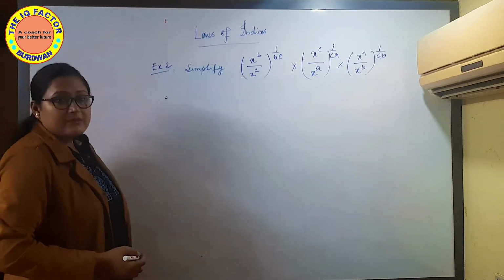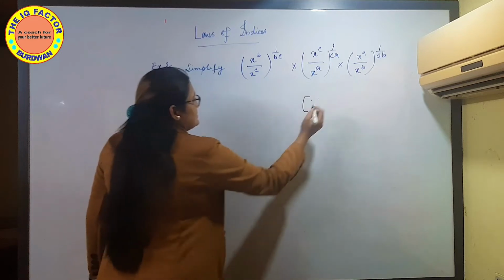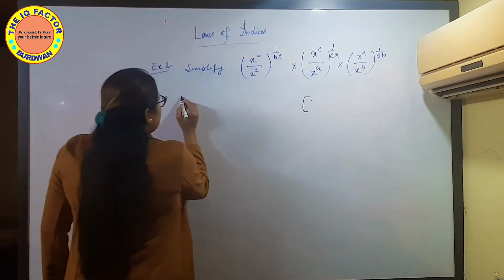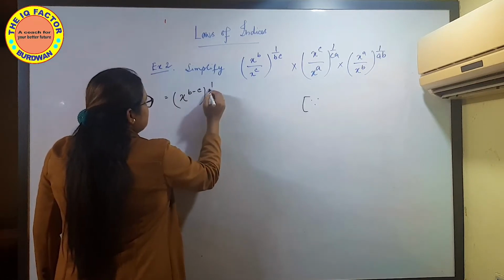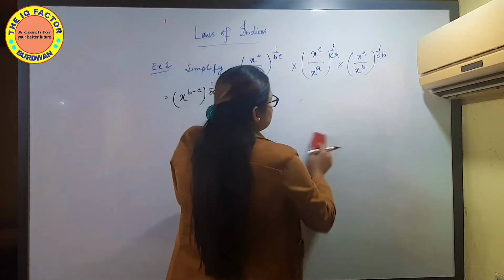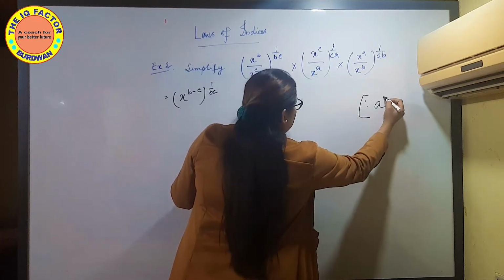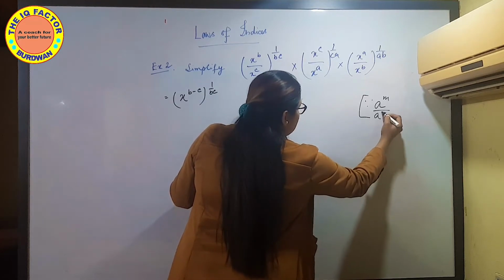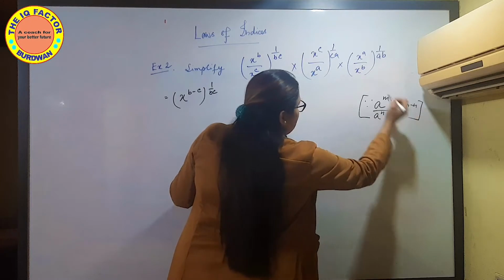What will x to the power b by x to the power c be? Can you say that it will be x to the power b minus c? How? Because a to the power m by a to the power n is equal to a to the power m minus n.